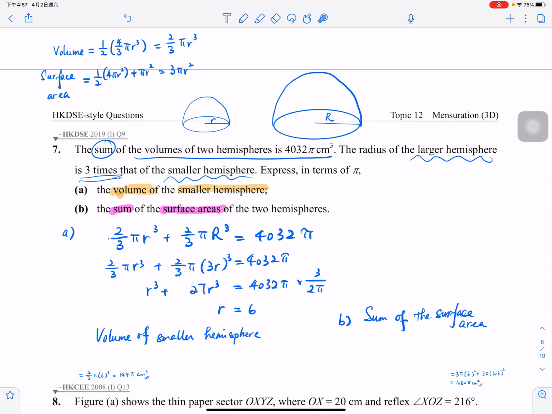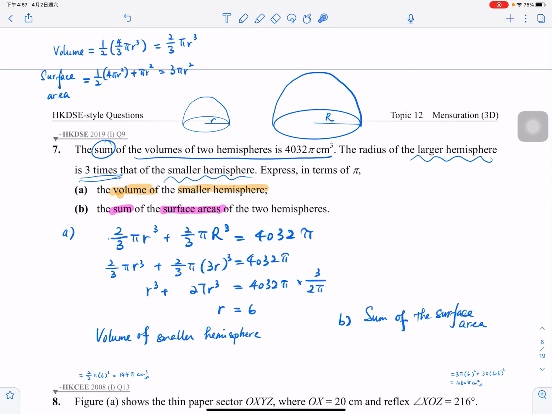So let's see. Here is 3r cubed. Remember, all cubed, that means it's 27r cubed. Don't miss it, okay? And 2/3 pi, the 2/3 pi can simplify. And lastly, r cubed equals our value, then you can find r.